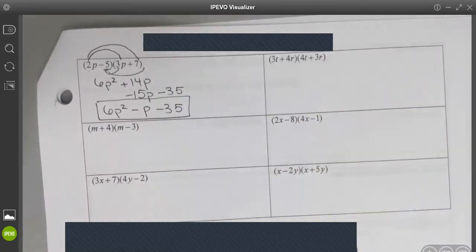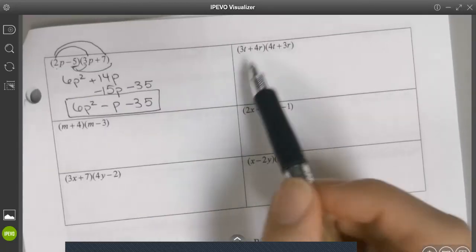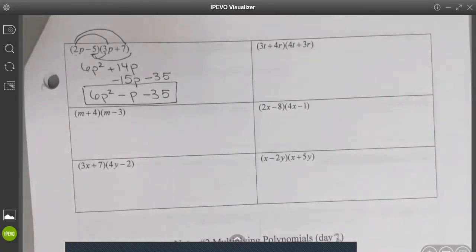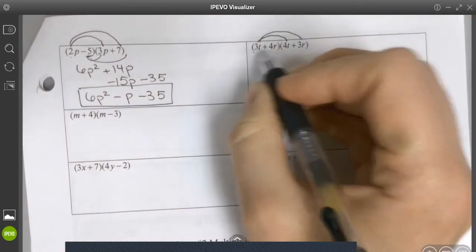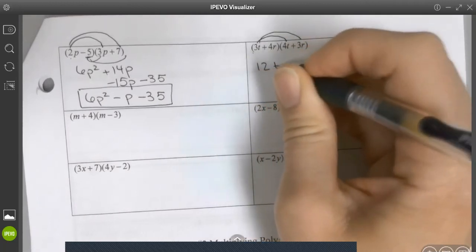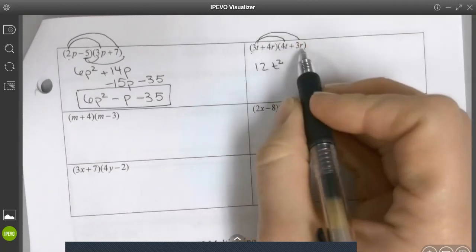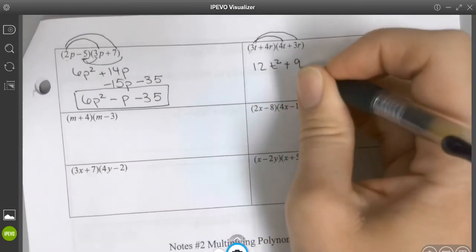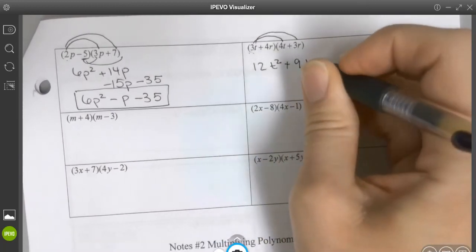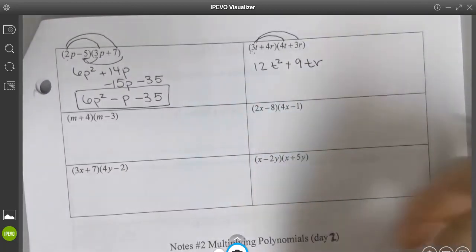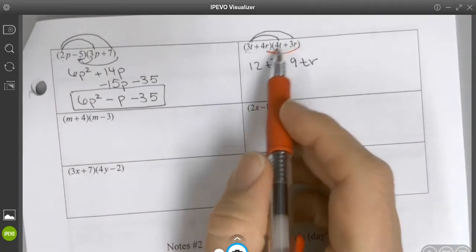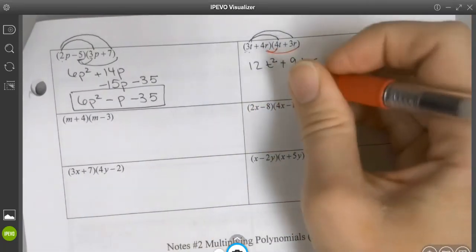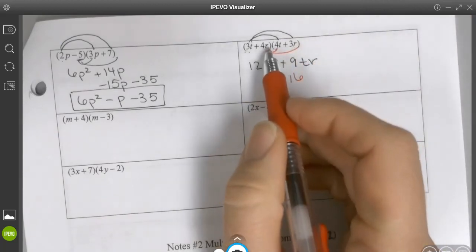Now, the next one has more than one variable, so I want to talk about what that looks like. So distributing 3t to both terms, 3t times 4t is going to give me 12t squared. 3t times 3r gives me 9, 3 times 3, but t and r are different variables, so it's just going to say tr. Now what gets confusing here is when we distribute this term through, 4 times 4 gives me 16, and then if I go in order, it's going to be rt.